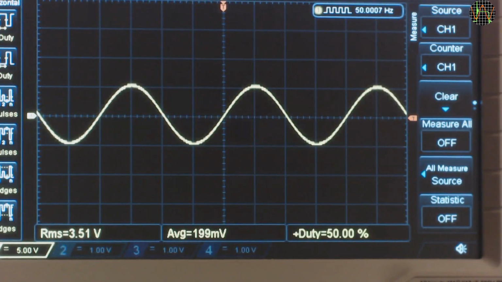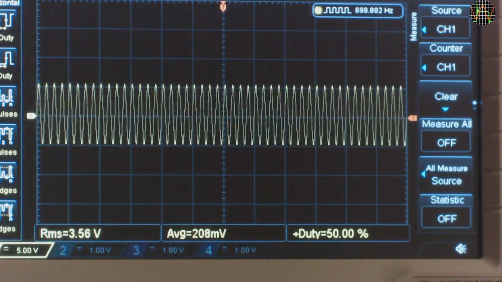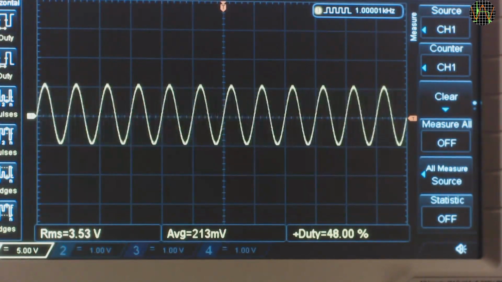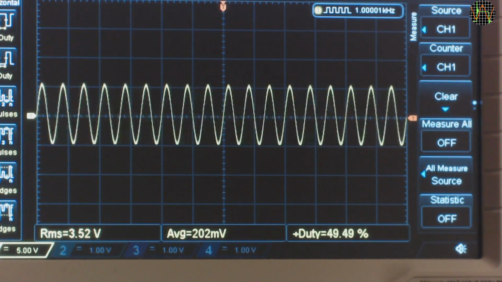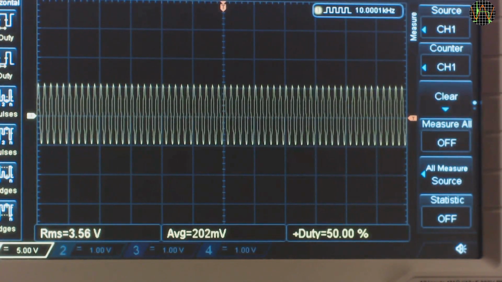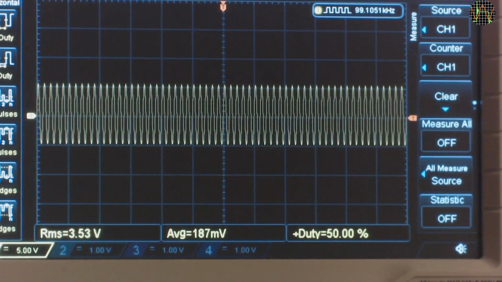The last thing I want to mention in this long video is frequency. So far all measurements were at 50 Hz, but what happens if the frequency is higher? To check, I enable the frequency counter on the scope in the upper right corner and change the frequency in stages up to 1 MHz, adjusting the time base accordingly to maintain a decent waveform display.